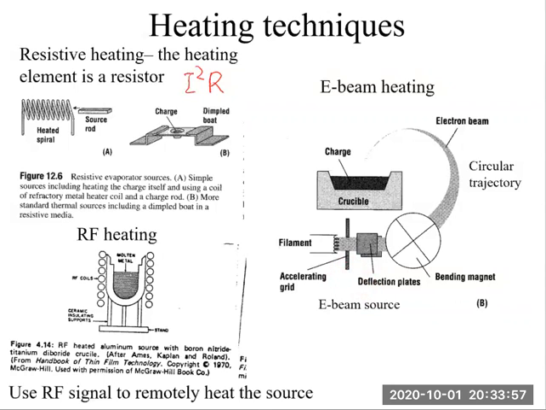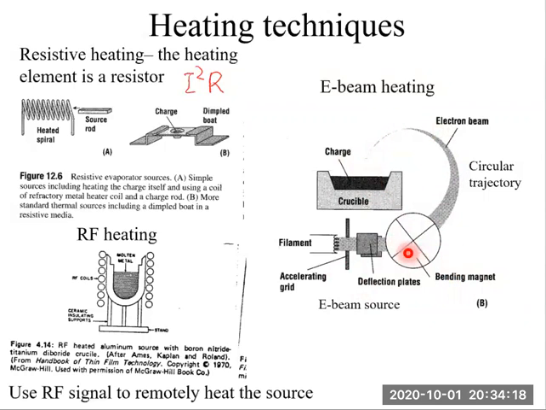Then we apply a magnetic field to bend the electron beam, to make the electrons follow this circular trajectory.